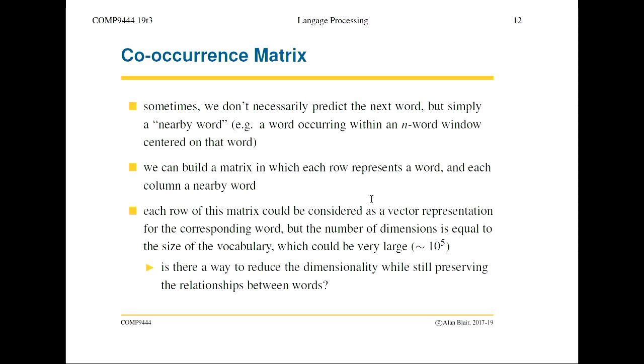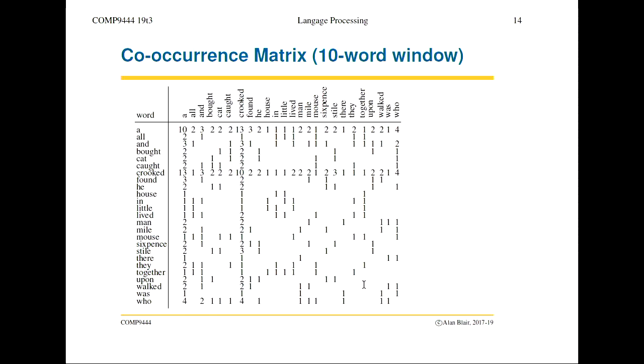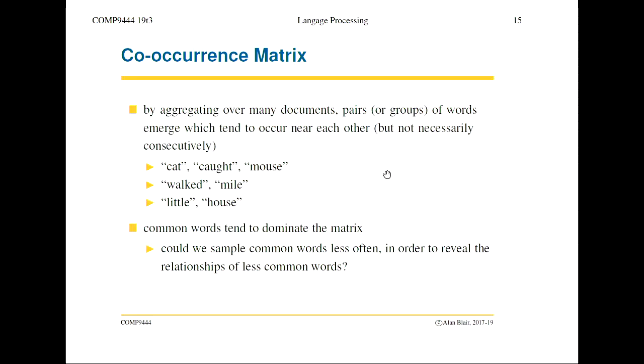So we want to reduce the dimensionality of this, but still preserve the relationships between words. So if we did look in this 10,000 dimensional space, it may be that similar words are occurring near each other, but we don't want a 10,000 dimensional space. We want perhaps a 200 dimensional space. So word embeddings. Okay.